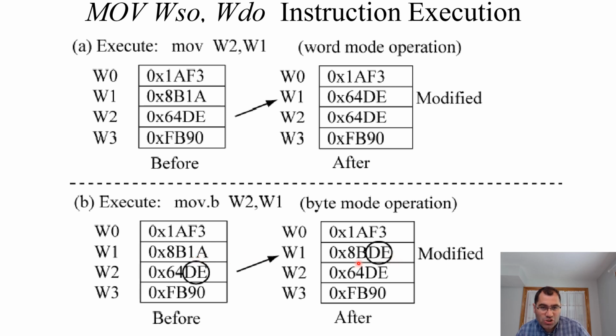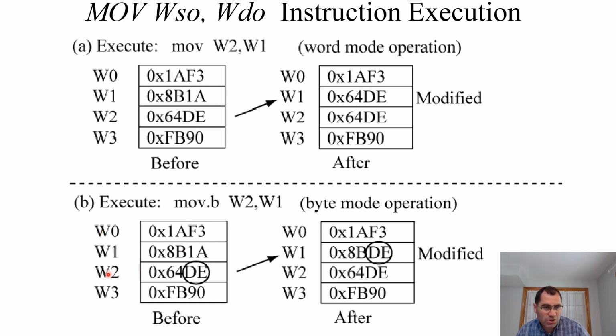8B didn't change because we did a byte operation. We are not copying the whole content of W2, not the whole word. It's a byte operation, so we are copying the least significant byte and putting it in here. That's why nothing else changed.